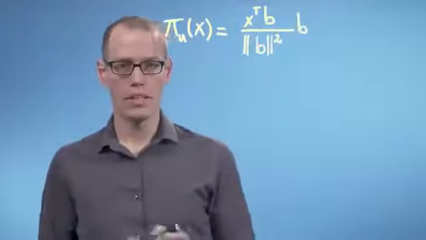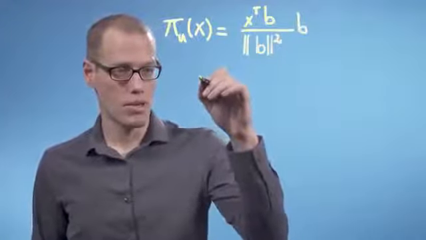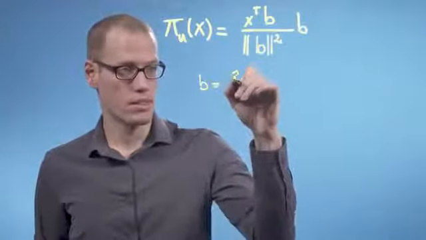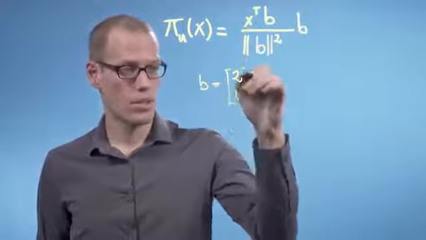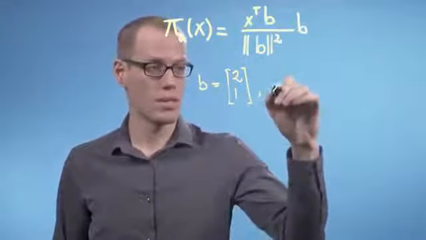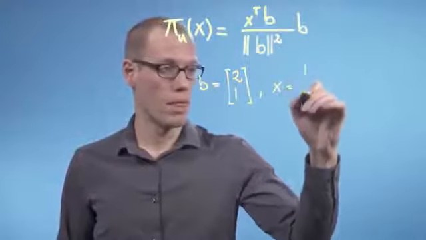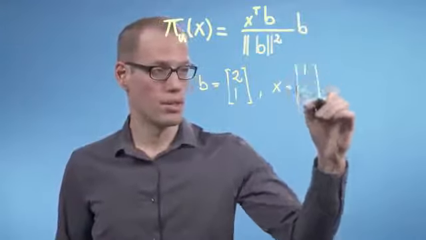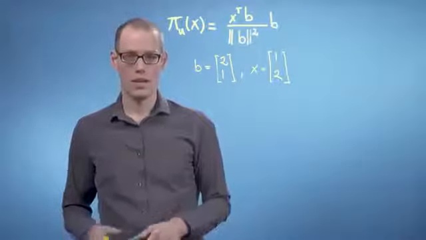Assume our vector b that spans our one-dimensional subspace is the vector (2, 1), and the vector x we want to project onto that subspace is given by (1, 2). Let's quickly draw this.